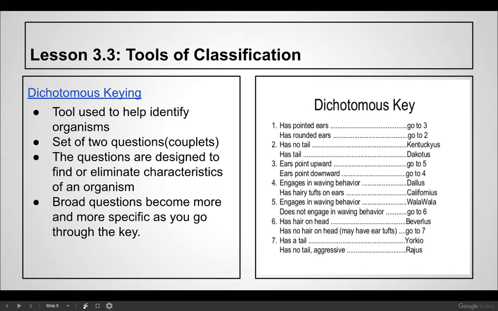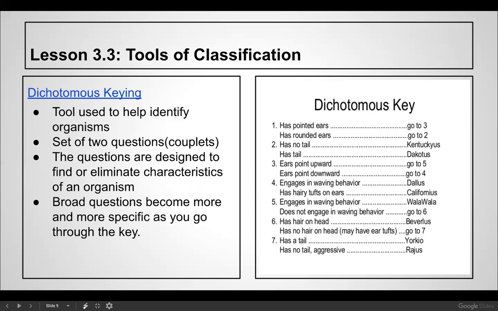So as you continue going through it, you're basically asking these questions, and then sooner or later you have your whole wardrobe classified. If you look at the dichotomous key picture on the right here, it asks: has pointed ears or rounded ears, and then you can go on to the next question. Has a tail, no tail, ears pointed upward or downward.